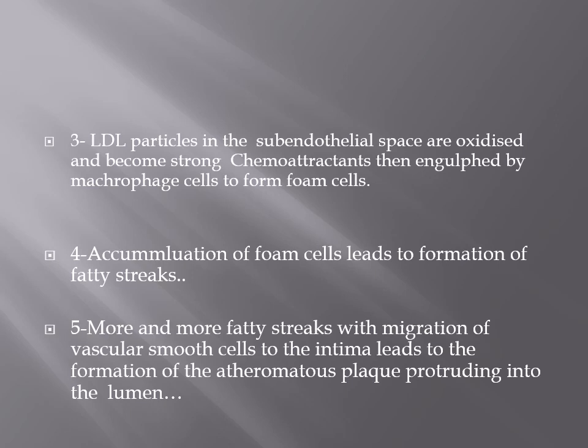Accumulation of more and more foam cells leads to the formation of small nodules protruding to the lumen called fatty streaks. Accumulation of more and more fatty streaks, in addition to migration and transformation of vascular smooth muscles from the media into the intima, lead to the formation of the atheromatous plaque protruding into the lumen.